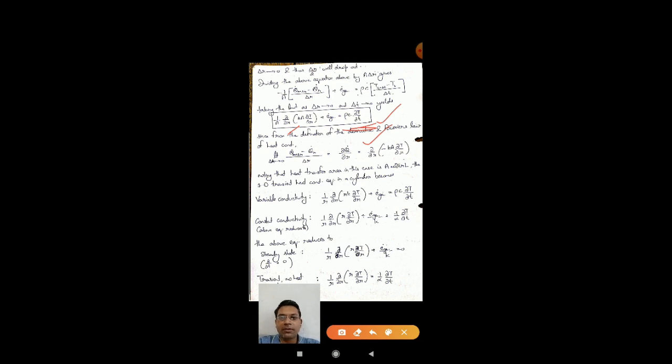Now moving on the same pattern, for variable thermal conductivity, the equation will be written in this pattern only. Now look at that 1 by A is transformed to 1 by r.